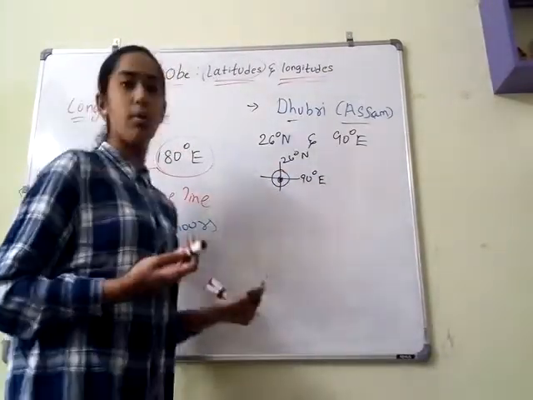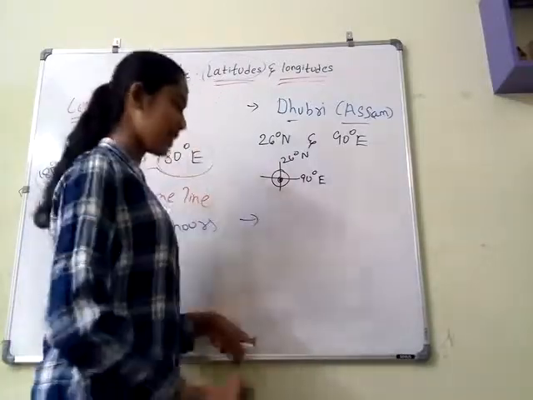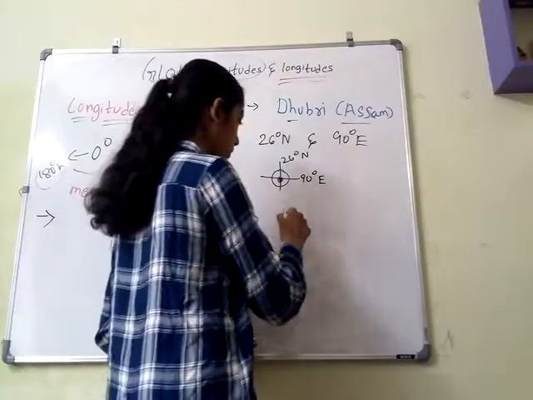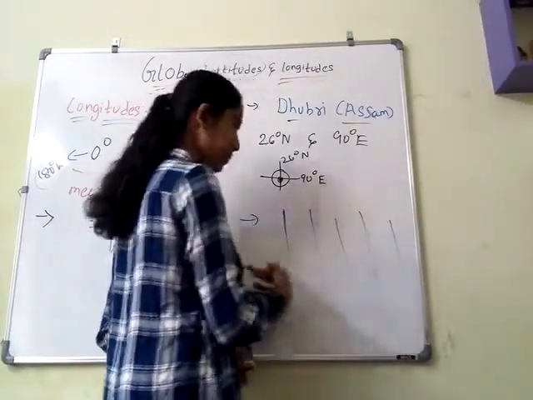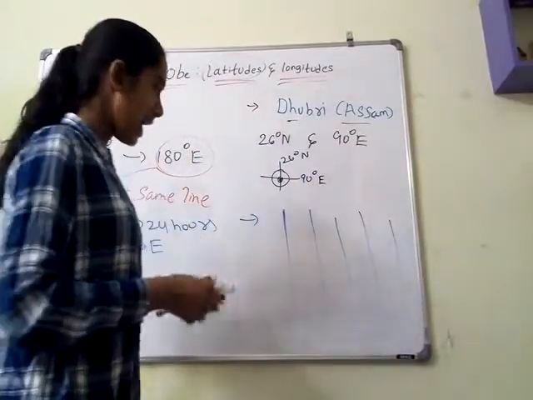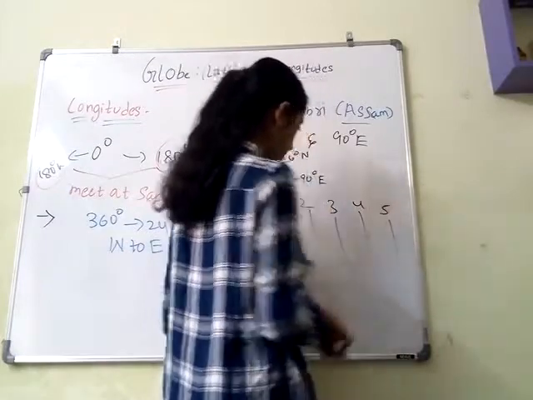Now let me tell you about a small activity. First, draw some vertical lines. You can draw 5 vertical lines and name them 1, 2, 3, 4, 5.